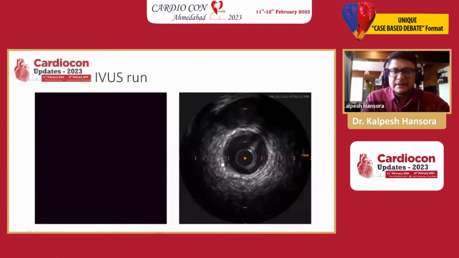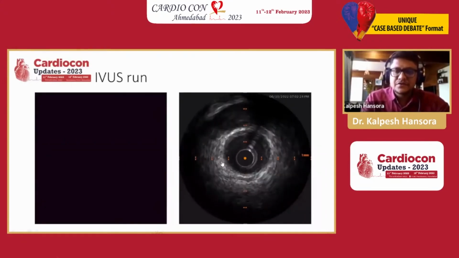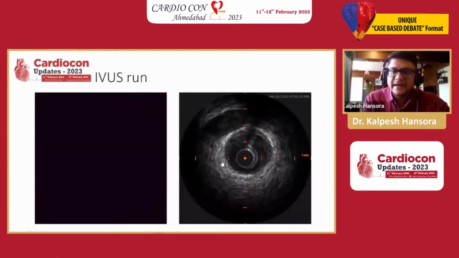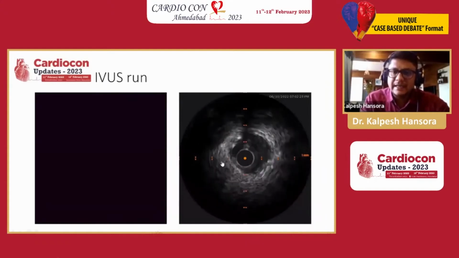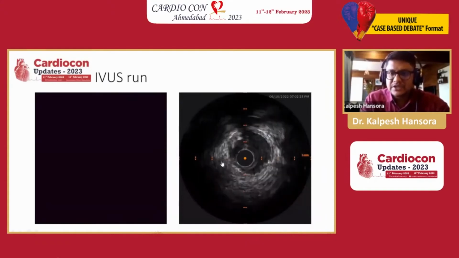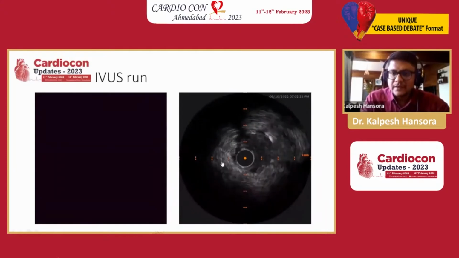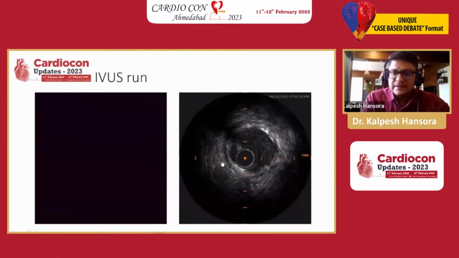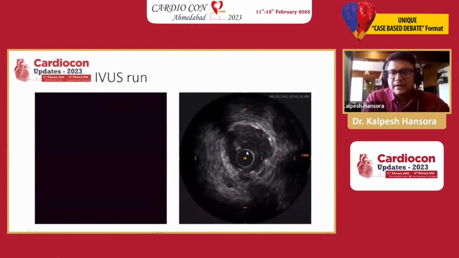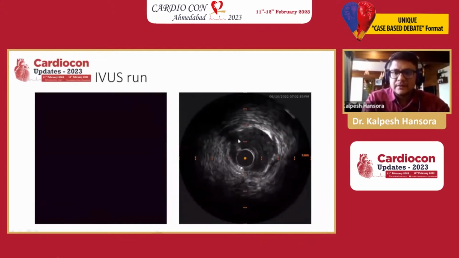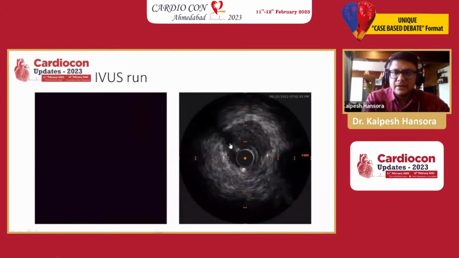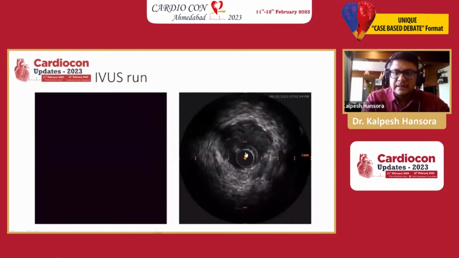Then we did the IVUS run. This IVUS run showed a well expanded stent at the mid LAD, with good apposition with the vessel wall. There was some amount of under expansion in the mid part, here we can see.